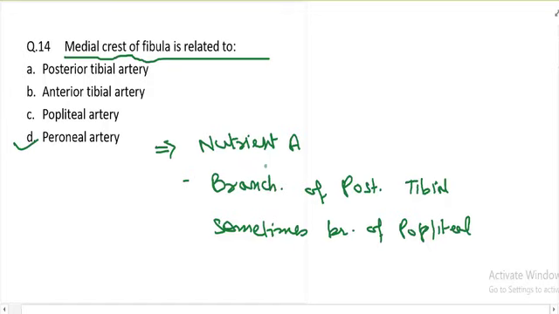With respect to fibula, we need to understand two points. One is the medial crest of fibula, that is related with peroneal artery. The other is the neck of fibula, which is related to the common peroneal nerve.